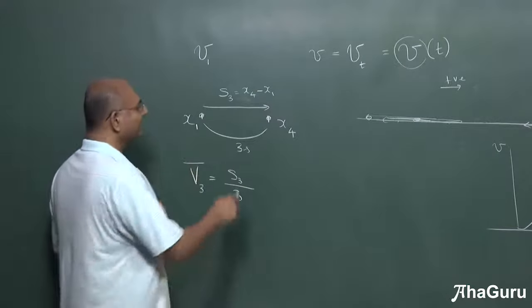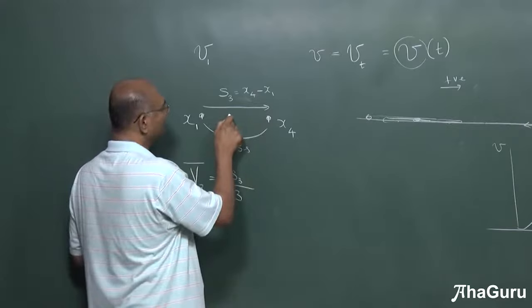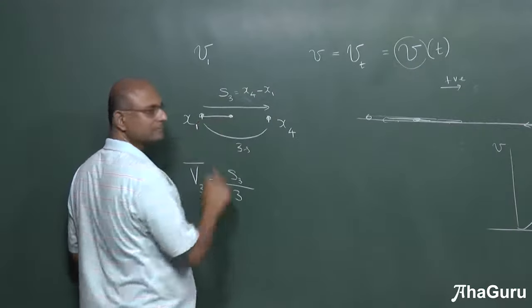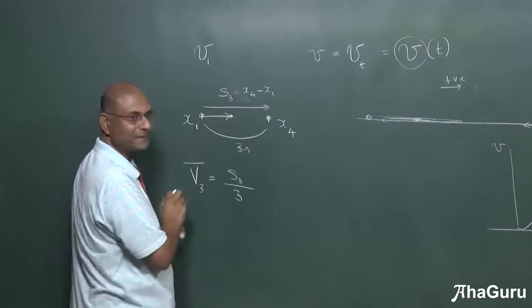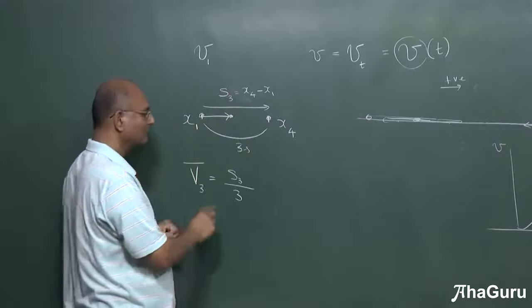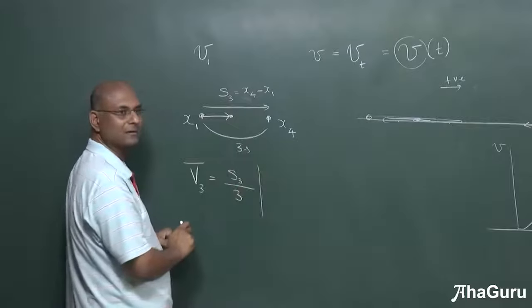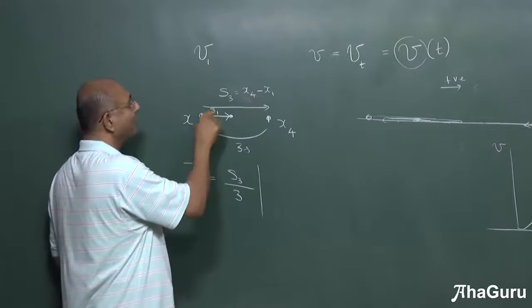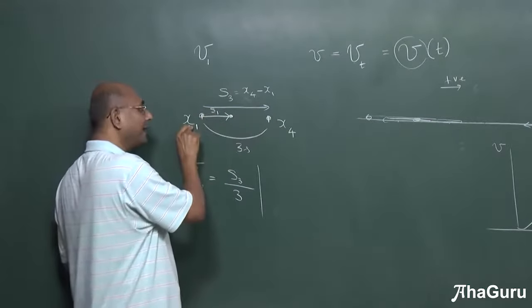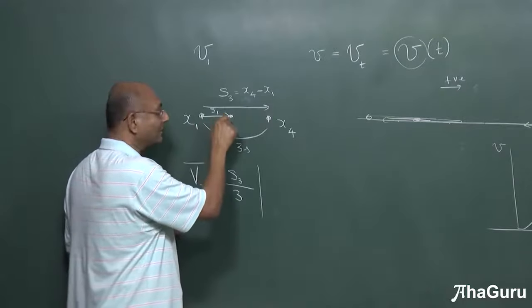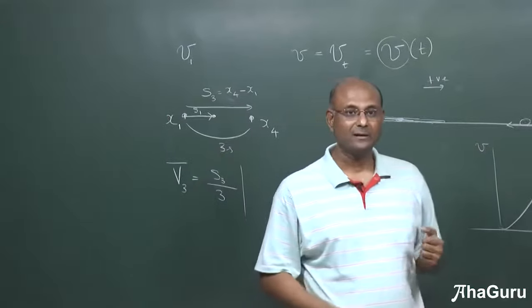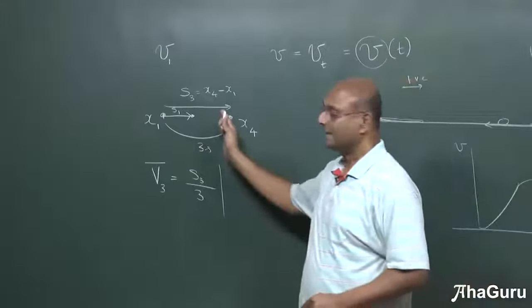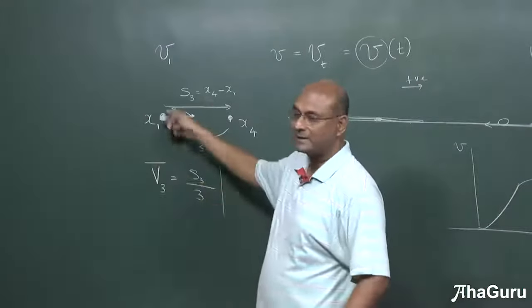But suppose I say, wait, let's not do 3 seconds, let us do 1 second. In 1 second, will you have the same displacement like before? No. So what will you have instead? You will have S1. This will be x1, and what will this be? x2, because 1 second later will be x2. So x2 minus x1 is displacement over 1 second.